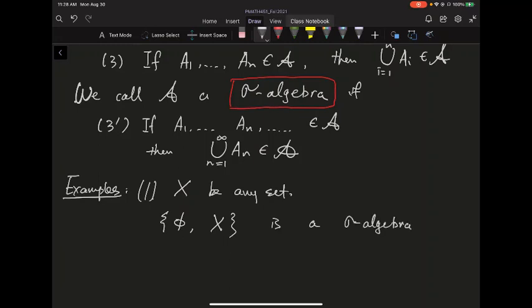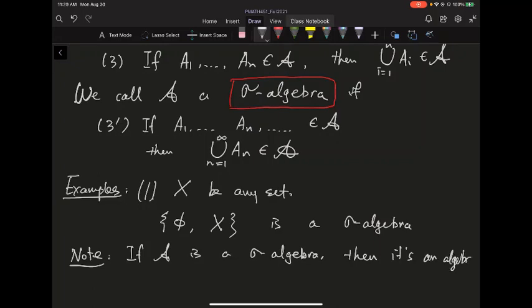And as you can notice, a sigma algebra is always an algebra. So here is just a note. If A is a sigma algebra, then it's also an algebra. Why is that? For the algebra and sigma algebra, the only difference is this finite union versus the countable union.